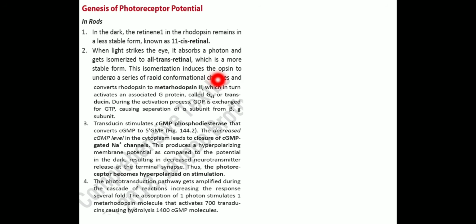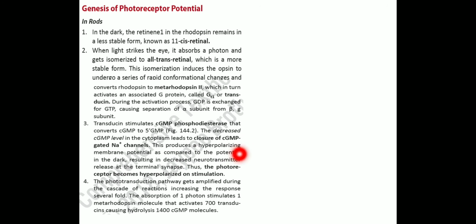This isomerization induces the opsin to undergo a series of rapid conformational changes, and this converts the rhodopsin to metarhodopsin, which in turn activates an associated G protein. Like we have seen, the G protein transducin gets activated, and this stimulates the cyclic GMP phosphodiesterase, and hence leads to closure of the cyclic GMP sodium channel.